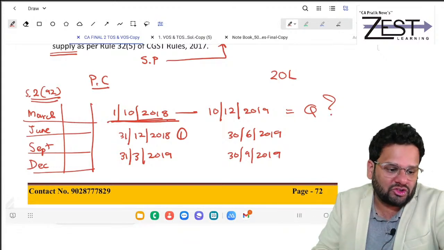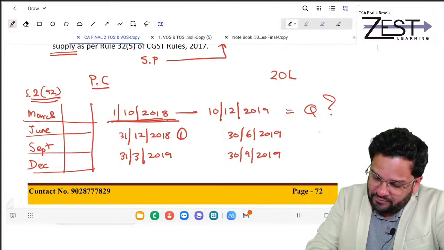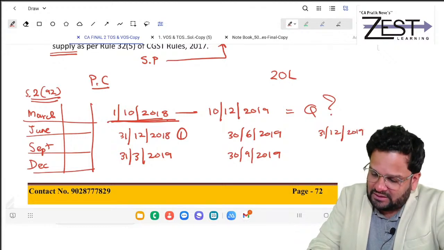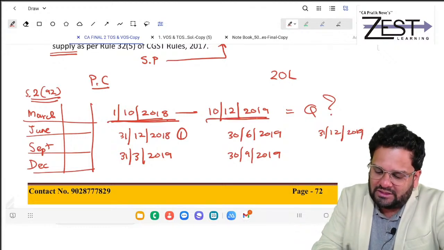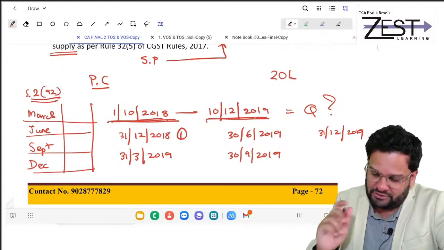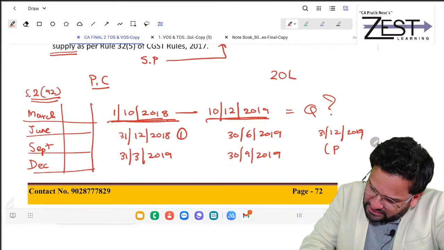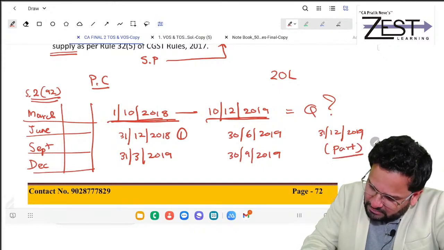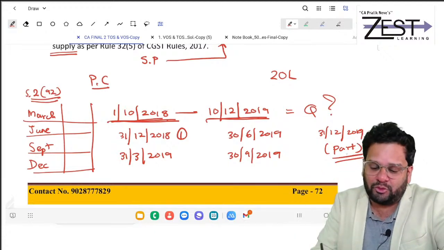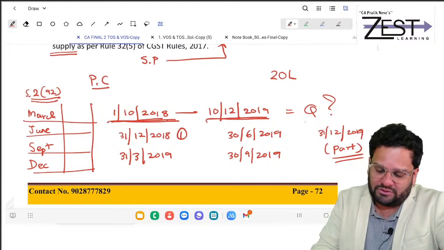Till now you have not sold. So the last one is 31st December 2019. Correct. You sold on 10th December 2019. So you are right, there are 5 quarters. In this, not the entire quarter, but part thereof. Now the part also has to be computed. So there are 5 quarters.